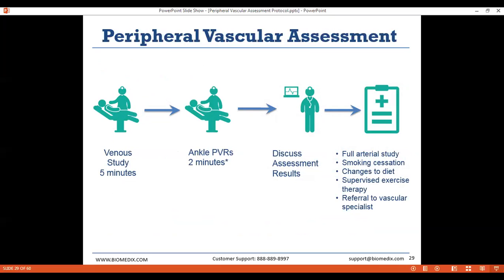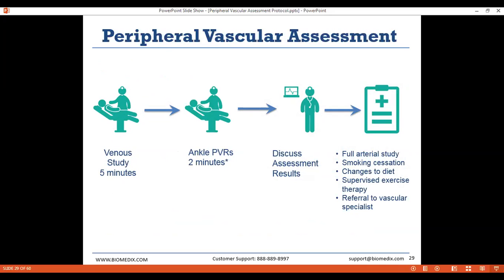Now, the actual vascular assessment itself is very, very quick. We're going to be doing a full venous study. I'll show you what that looks like in a minute, but it takes about 5 minutes to perform, probably less. At that point, you lay them down on the table and perform one segment of the arterial study.